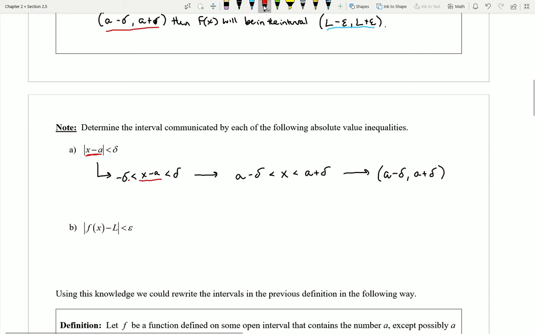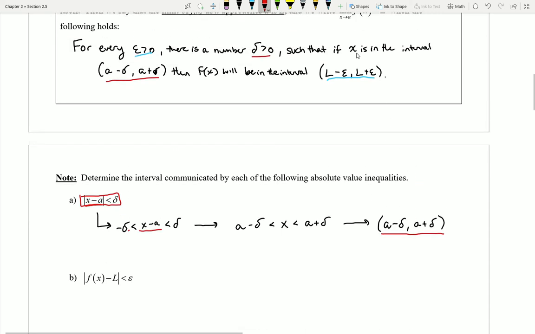And if you take a look at what I have at the very top of the screen, you'll realize that this is the same red interval that we were talking about at the end of the last video. So this absolute value inequality is the same thing as saying that x is in the red interval. That's kind of a cool idea.